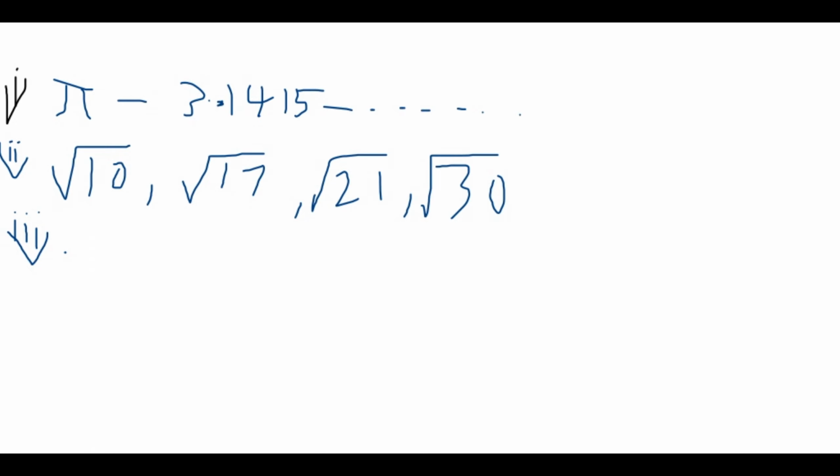And like I said before, you can see this in the square roots of non-perfect squares. Like for instance, the square root of 10 is 3.16227, and it continues. So all these are examples of irrational numbers.